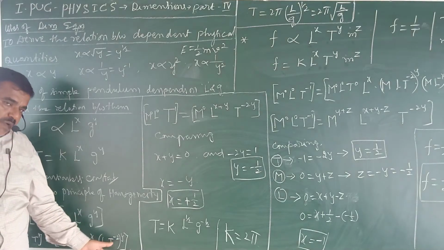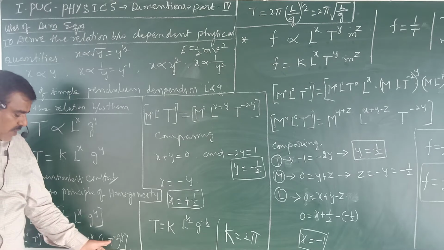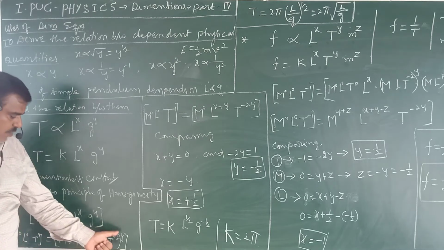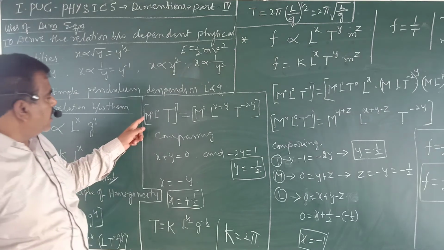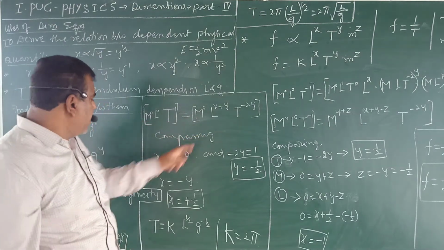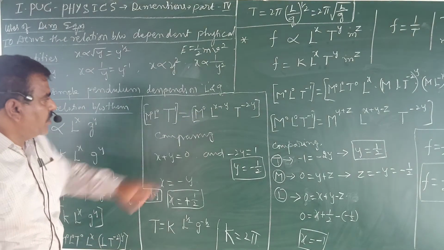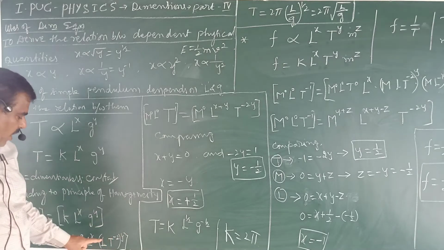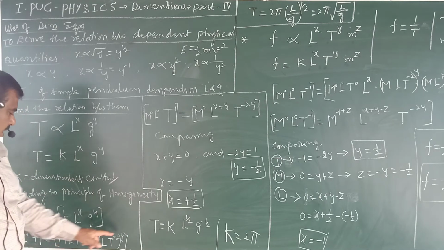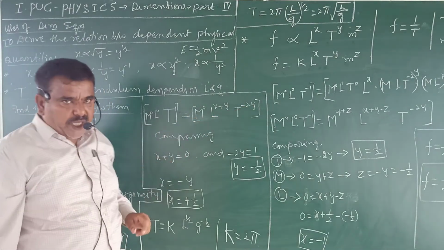LT minus 2, as you know from the previous class, meter per second square, raised to power y. If I simplify the right side, there is no M, the dimension of M is 0. L has power x plus y. Similarly, T power minus 2y.